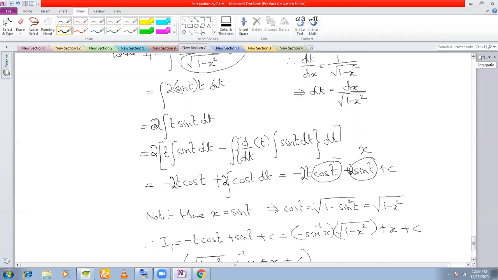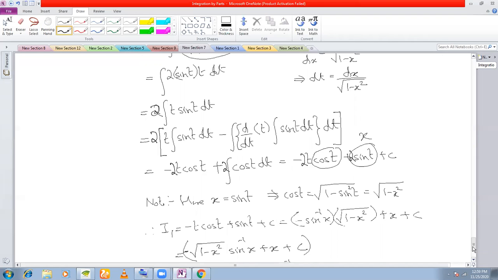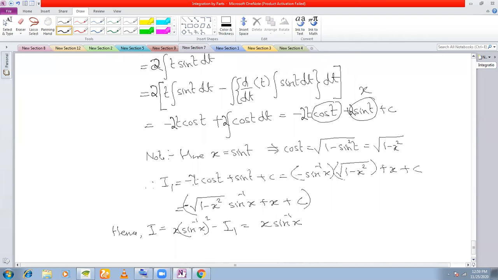So this becomes minus 2t plus 2, and here I have to write a 2 again. So this becomes 2 root and this becomes 2x. Therefore, if I write this here, it becomes minus 2 root 1 minus x square sin inverse x plus 2x.